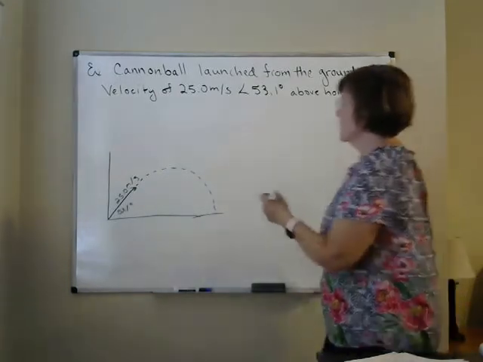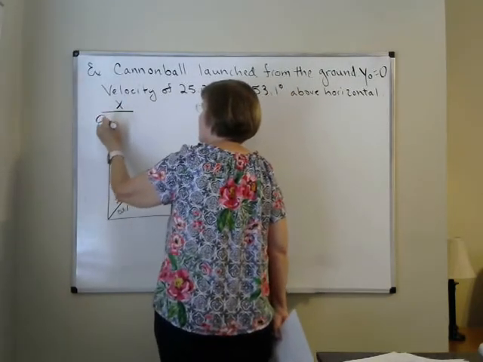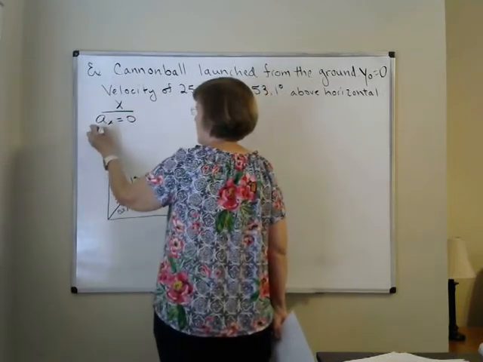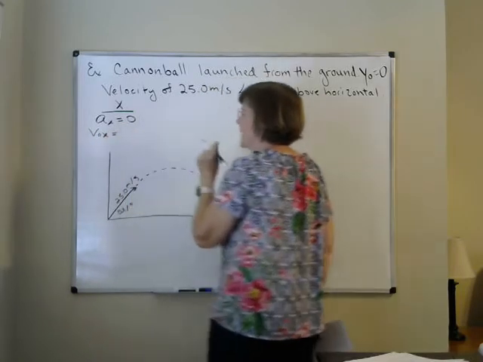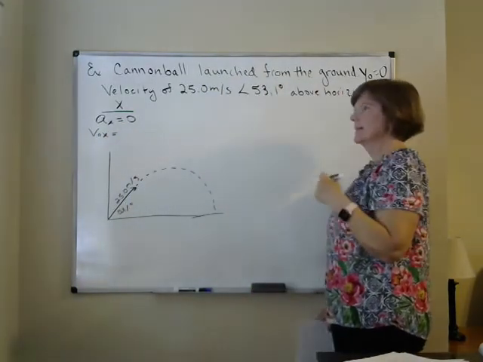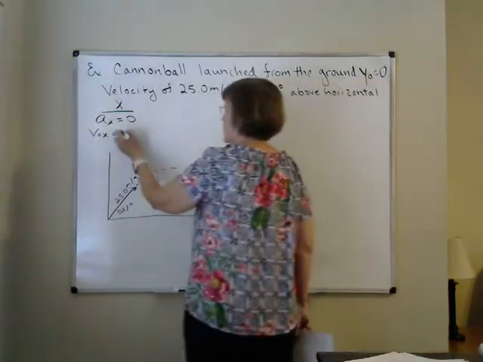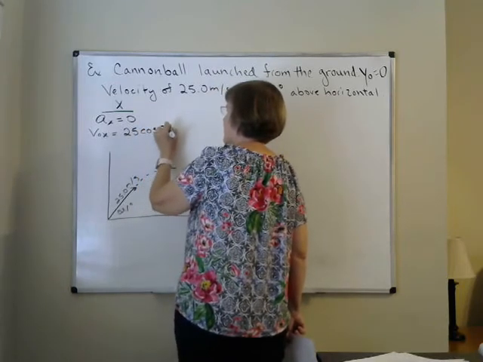If we want to think about all the things we know, no horizontal acceleration. This is the important one. We need the initial velocity. It's v0x or 25 cosine 53.1.